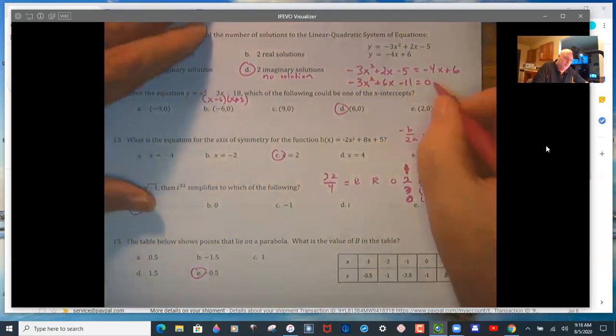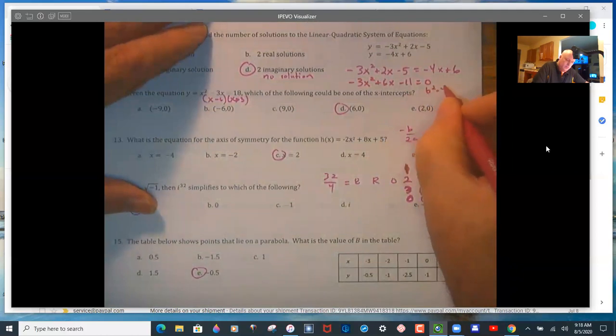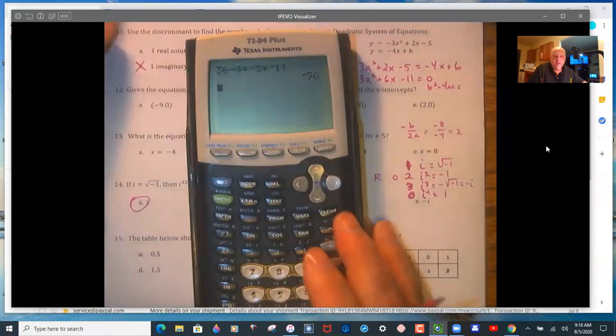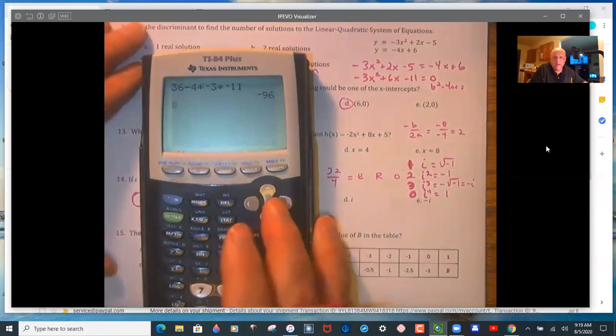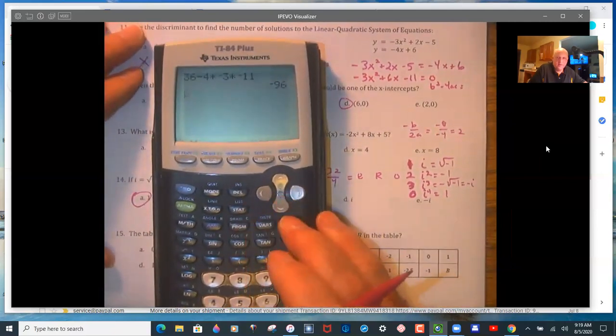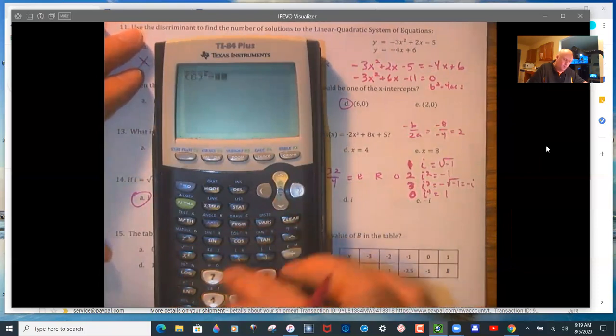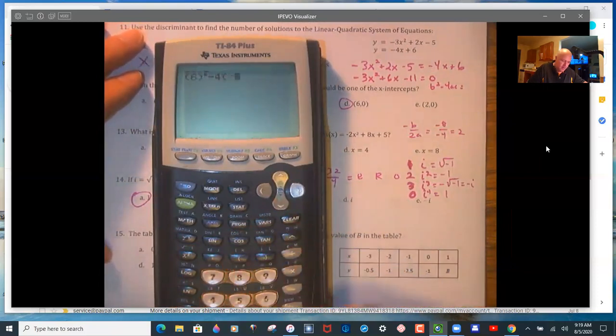So the discriminant value will be... So I want to actually redo that. That's a terrible example. So b squared minus 4 times a, negative 3, times c, negative 11.